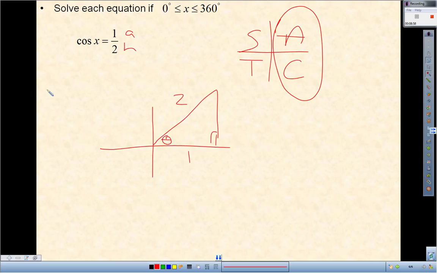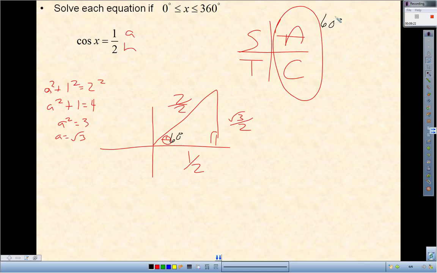Using the Pythagorean theorem, a squared plus 1 squared is equal to 2 squared, so a squared plus 1 is equal to 4, so a squared is equal to 3, so a is equal to the square root of 3. Again, it doesn't look like one of my special rights, but I'm going to divide everything by 2 to make the hypotenuse 1, and it turns out that this reference angle is 60 degrees.